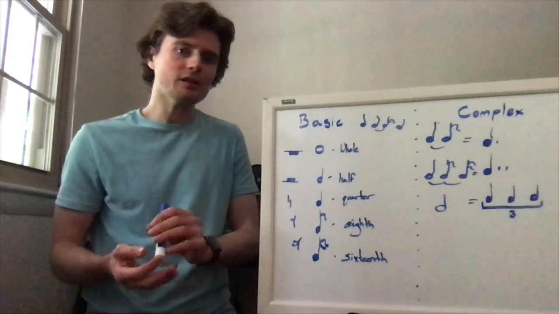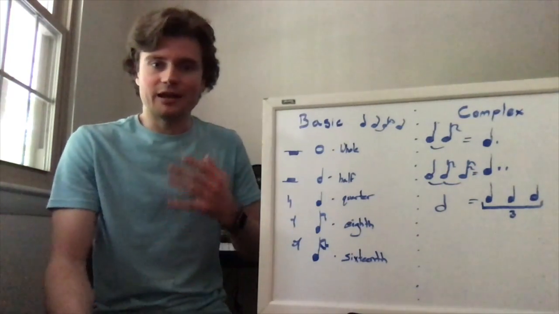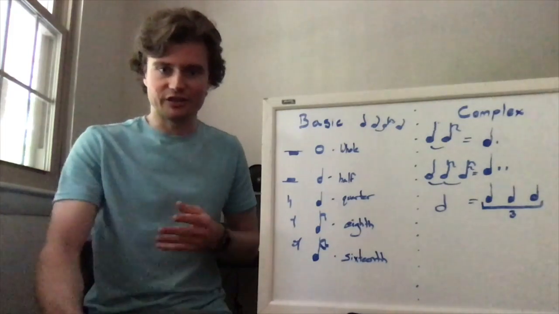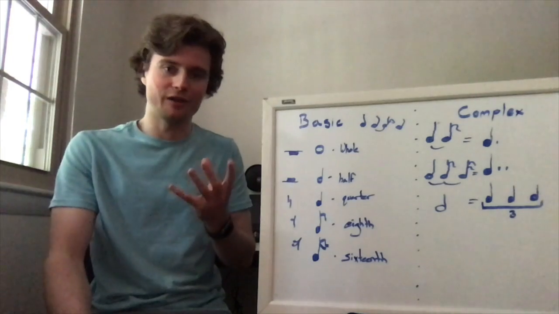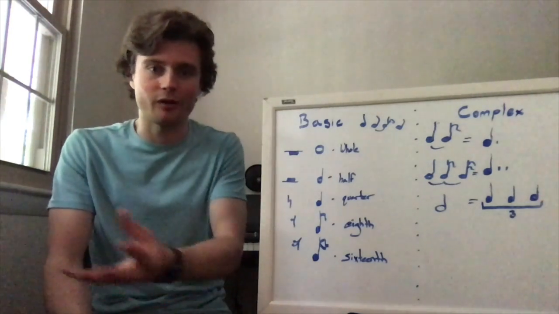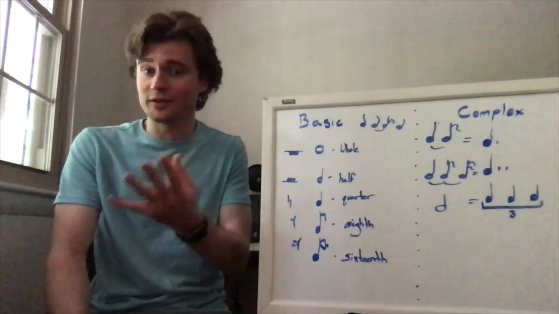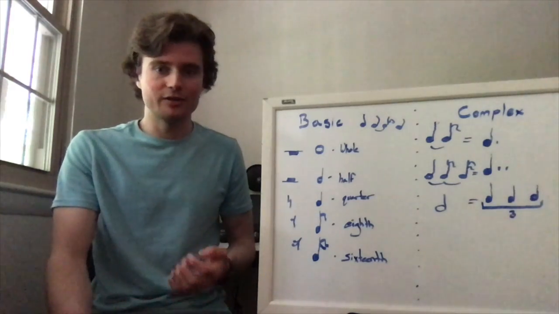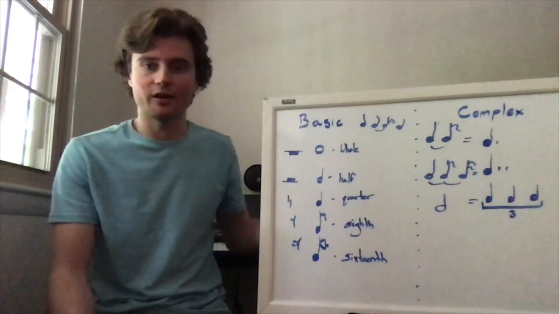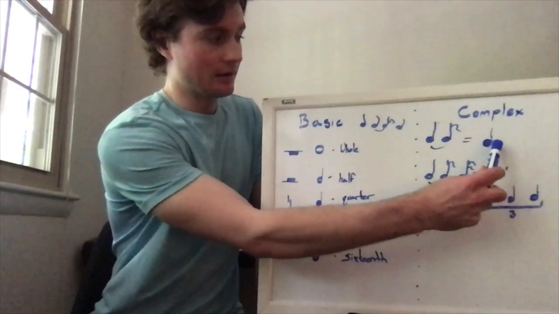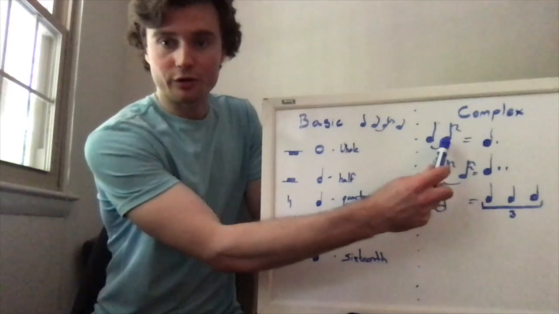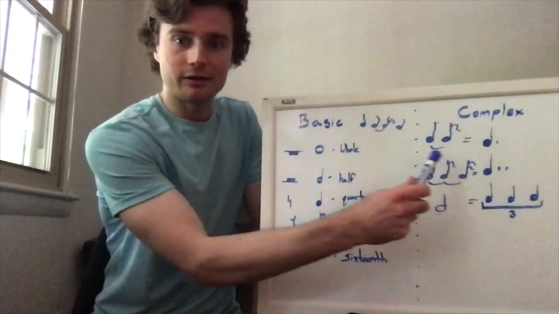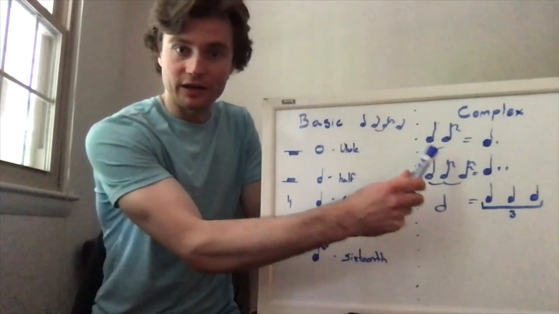Okay? Now, the nebulous part about this whole discussion is the discussion of time and the discussion of half of something or a whole of something, and this something we don't know what it is yet. So really all that you need to understand is that a dotted quarter note is equal to 1.5 quarter notes, or as I'm representing it here, a quarter note tied to an eighth note.